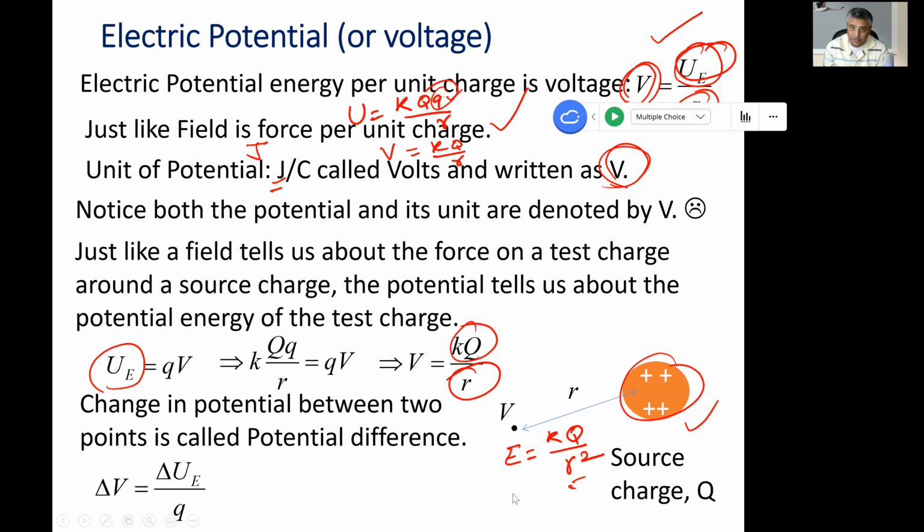Change in potential is change in energy divided by Q. That's the potential difference. Change in potential means potential difference. So we can write something like this, and go this way or that way. For example, if we know the potential energy, we can find the potential. If we know the potential, we can find the potential energy.